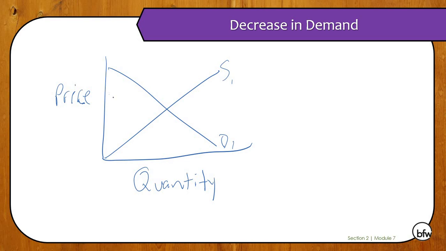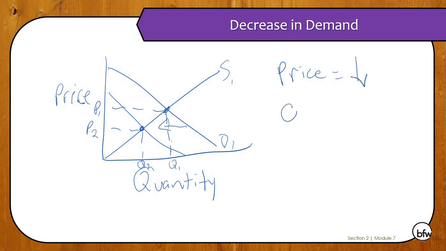All right, so this one we have a decrease in demand, which is shown by a leftward shift in the demand curve. So we're going to start off at Q1, price 1. All right, and with that decrease in demand, we're now at Q2, and price 2. So if demand decreases for a product, that means that the price is going to decrease and quantity will also decrease.